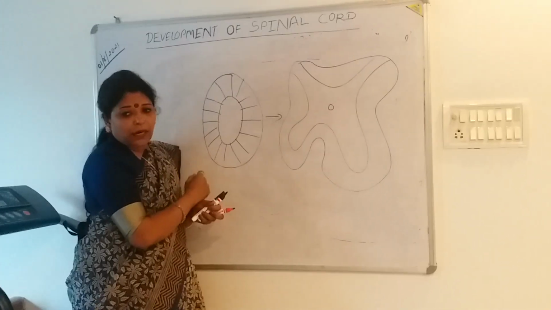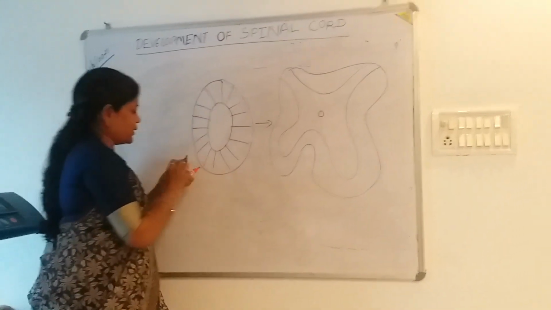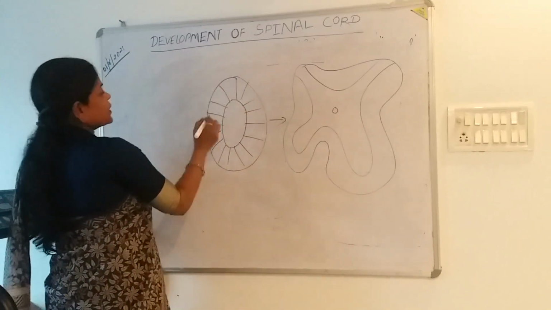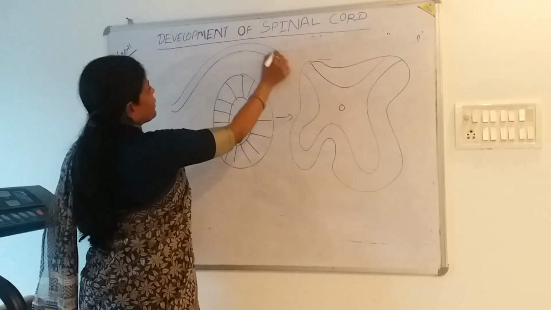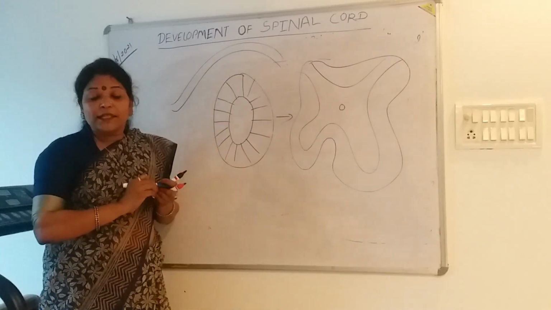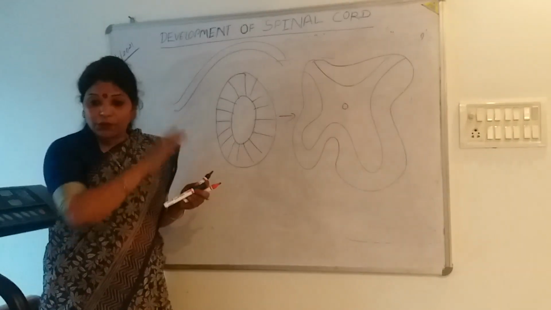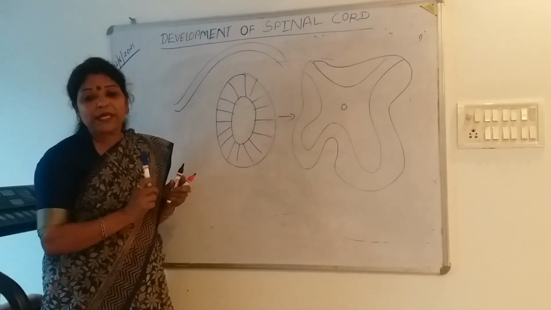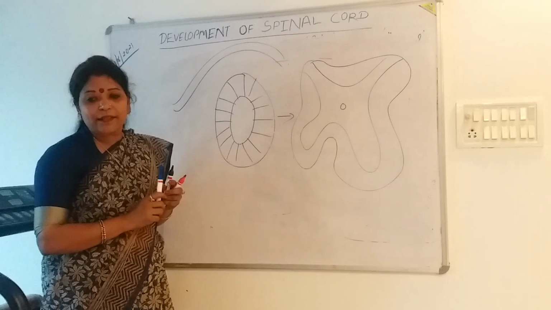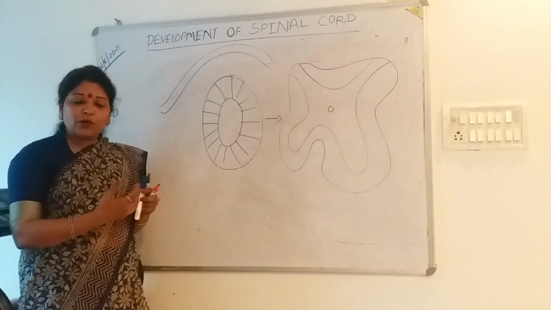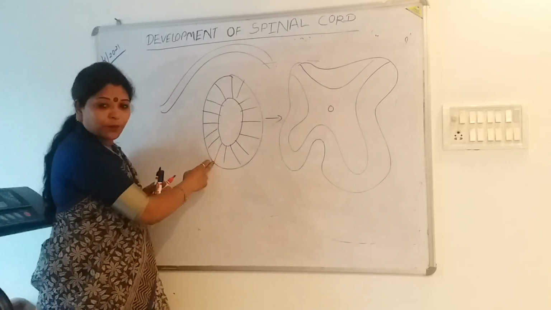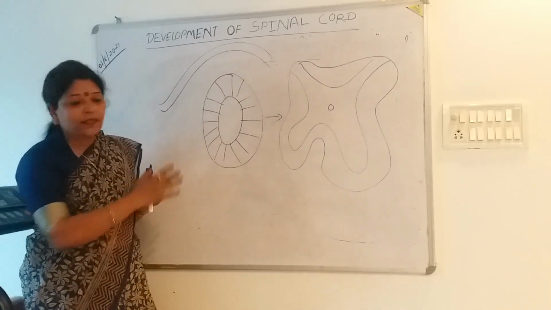So under the molecular regulation, look here, this is the neural tube. Again here is the surface ectoderm. We have already discussed the genes in the development of the neural fold. Do you remember BMP4, isn't it? The concentration of the BMP4 gene regulated the formation of the neural tube, the neural crest cells and the surface ectoderm.